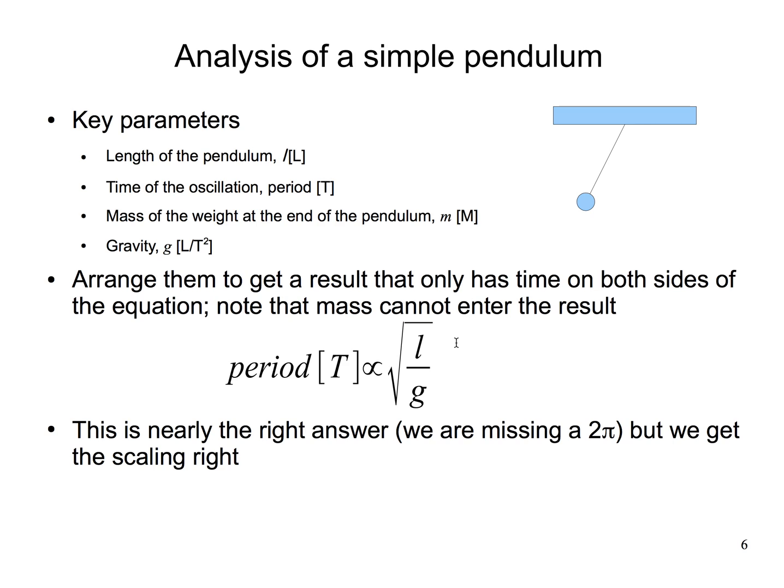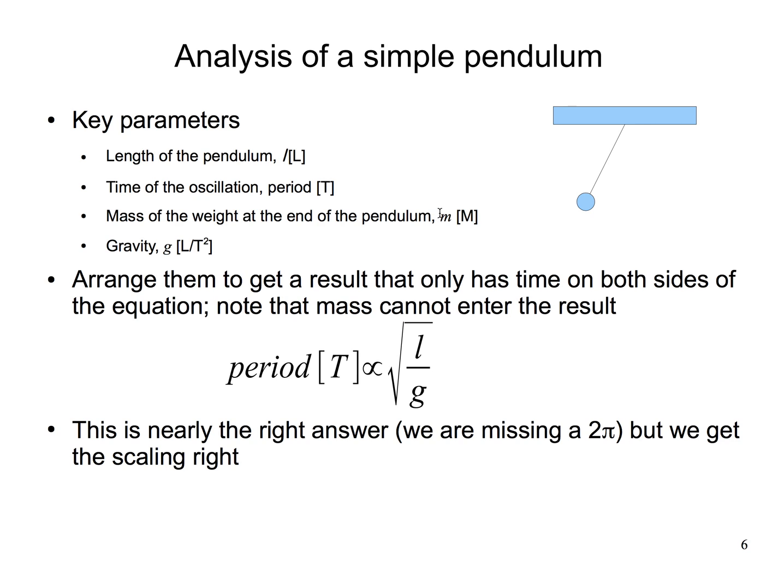And here's the logic. We have some equation for the period of the pendulum. On the left side, we only have time. On the right side, we can use the length of the pendulum, the mass, and gravity. But since there's no mass on the left side, there can't be any mass in the equation on the right side. Otherwise, the units wouldn't balance.